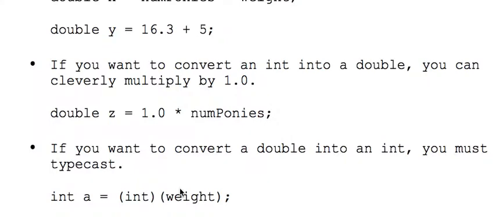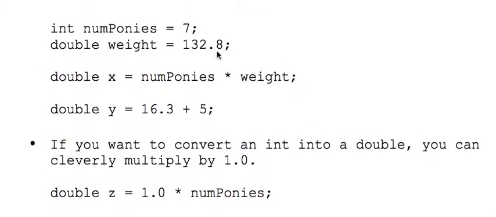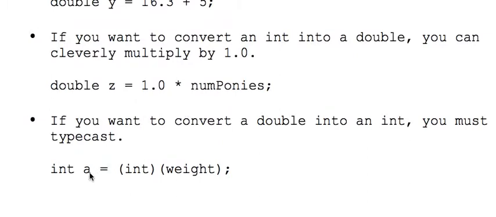It basically ignores everything after the decimal point. So weight used to be 132.8, and then the value a would just be 132. It throws away the 0.8. It always rounds down. Even if it was 132.999, a would end up being just 132. It ignores everything after the decimal point, or it rounds down.